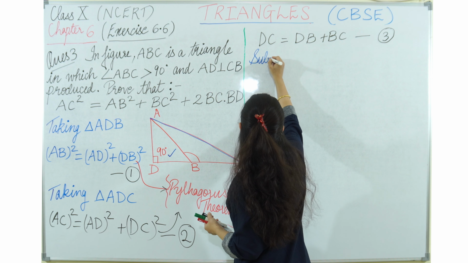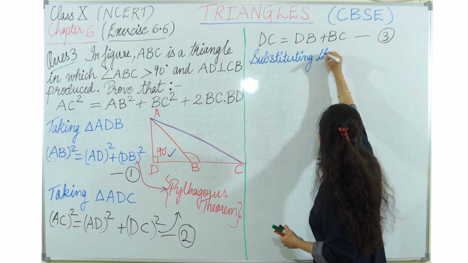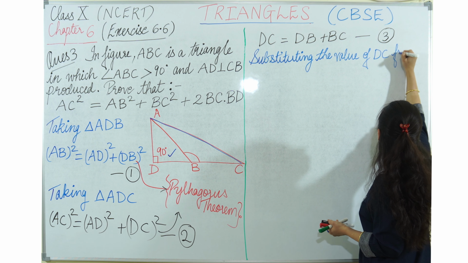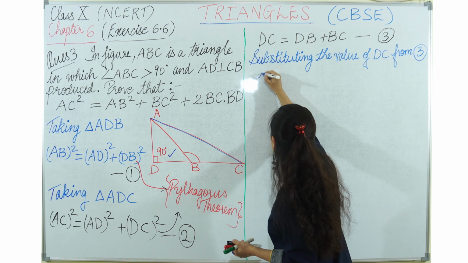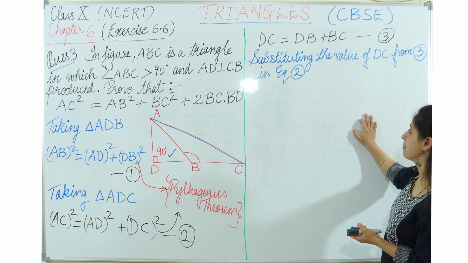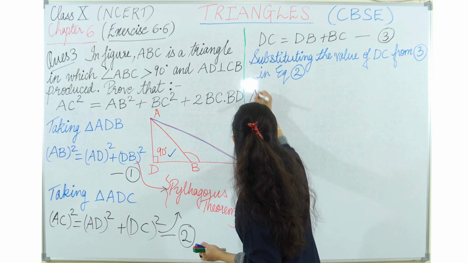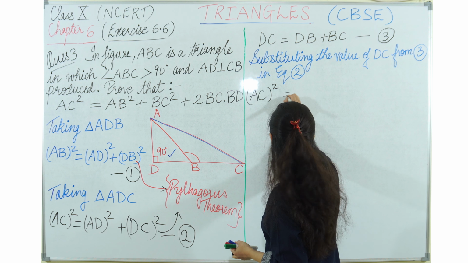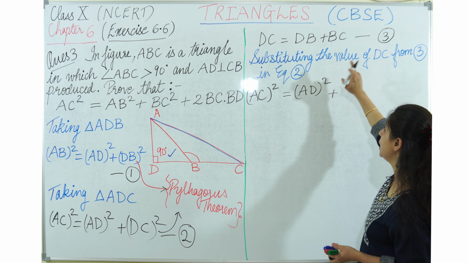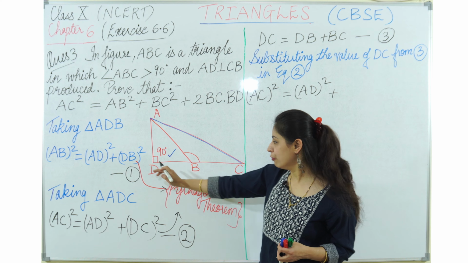So we will be getting AC square is equal to AD square plus, in place of DC, we write DB plus BC, because we have extended CB to CD, so DC is comprised of DB plus BC.